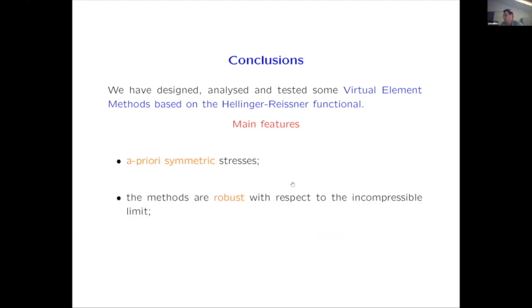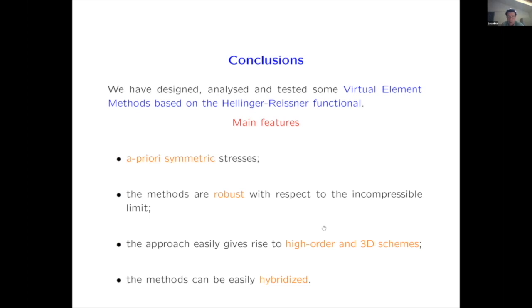The methods are robust with respect to the incompressibility limit. It is possible to easily design high-order methods and also 3D schemes, and they can be easily hybridized, since there are no nodal degrees of freedom for our methods.